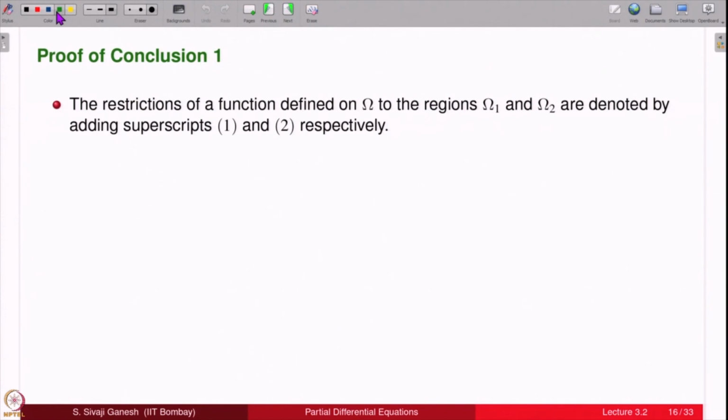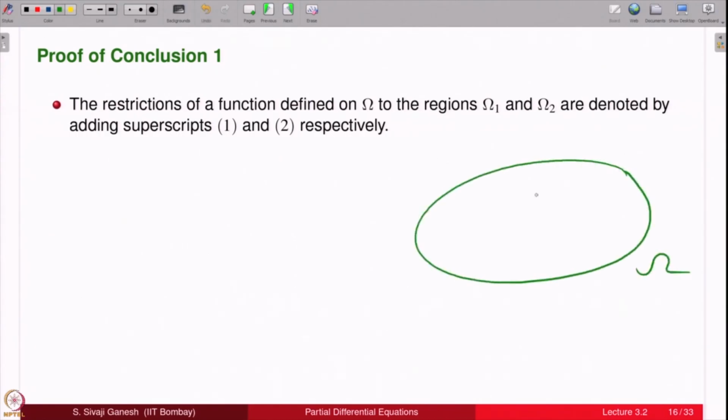The restrictions of a function defined on omega to the regions omega 1, omega 2 are denoted using superscripts. That is, we had this as the omega and we had a curve which is making it into two parts, omega 1 and omega 2, and suppose we have a function u defined on omega, or any function u, ux, uy.